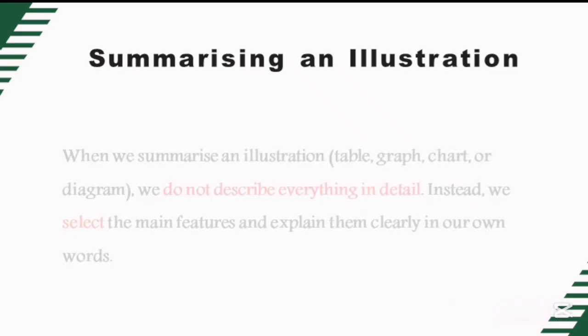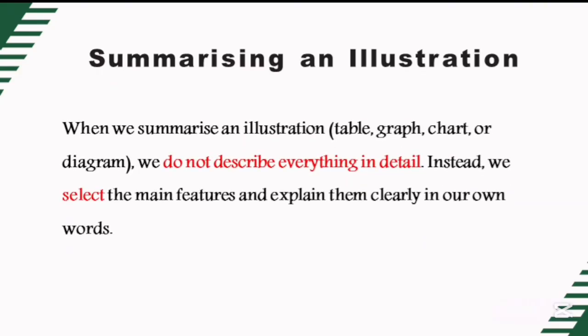When we summarize an illustration, whether it is a table, graph, chart, or diagram, we do not describe everything in detail. Instead, we select the main features and explain them clearly in our own words. So we select what is most important and we try to paraphrase. Like when we summarized a report, we summarize an illustration.